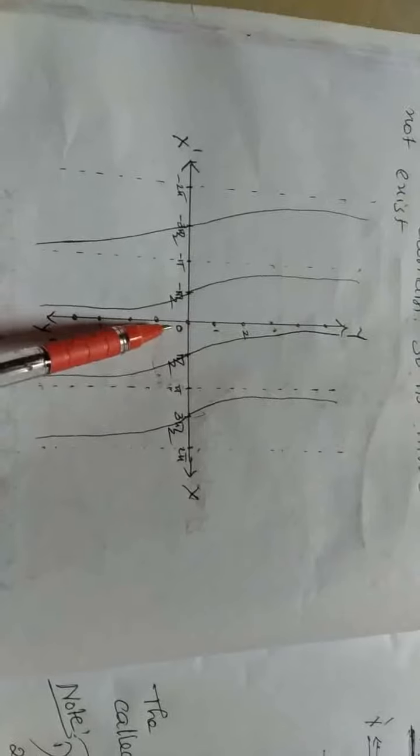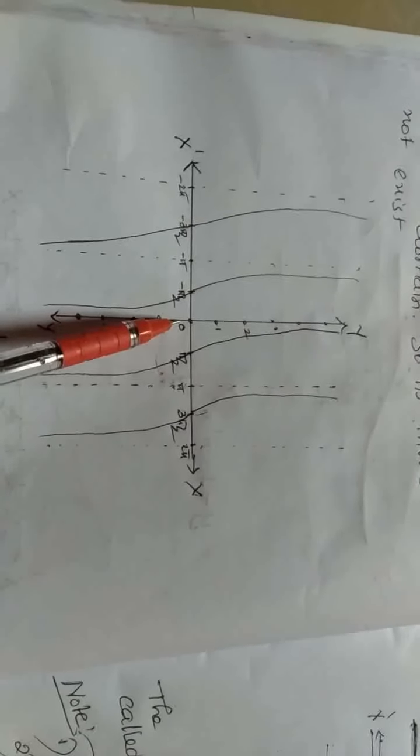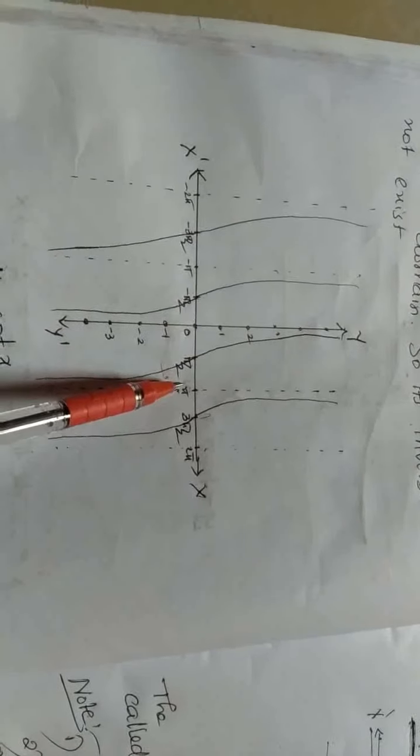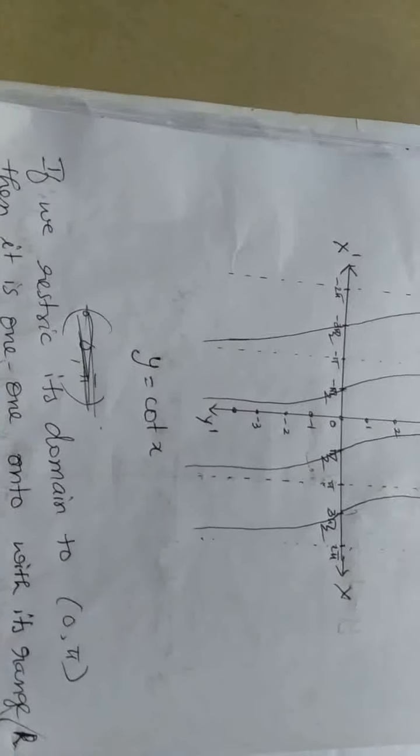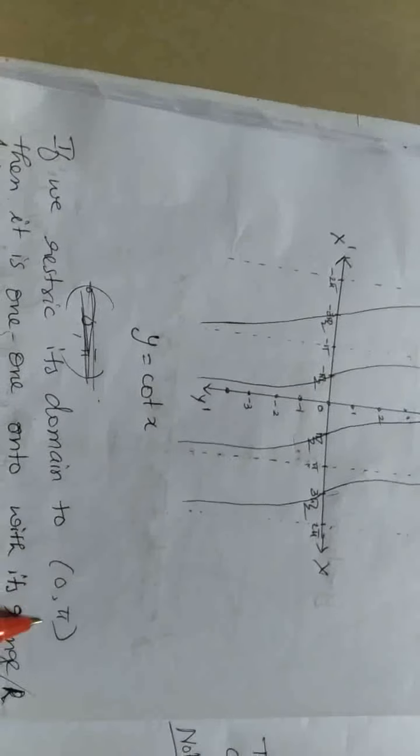But this is an open interval, because we can't define the cot function at 0 as well as pi. If we restrict its domain to the open interval 0 to pi, then it is 1-1 and onto.